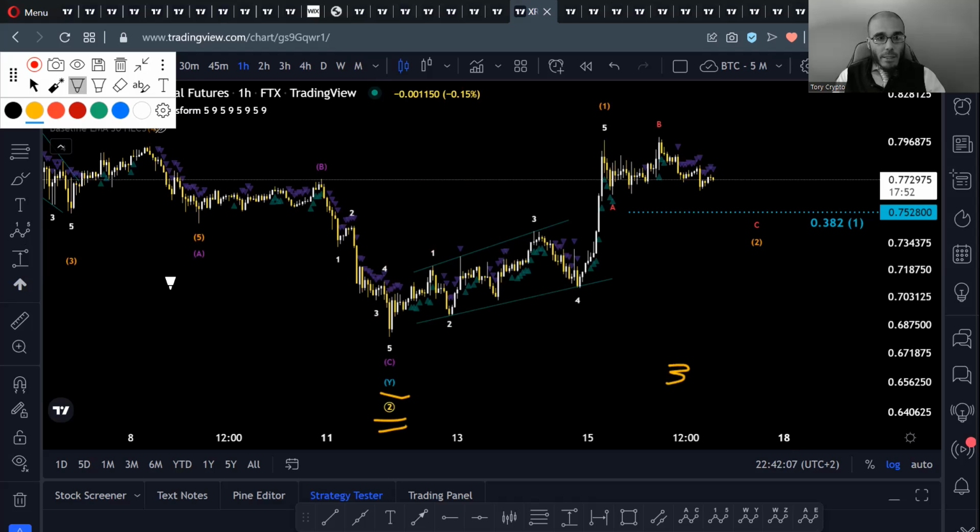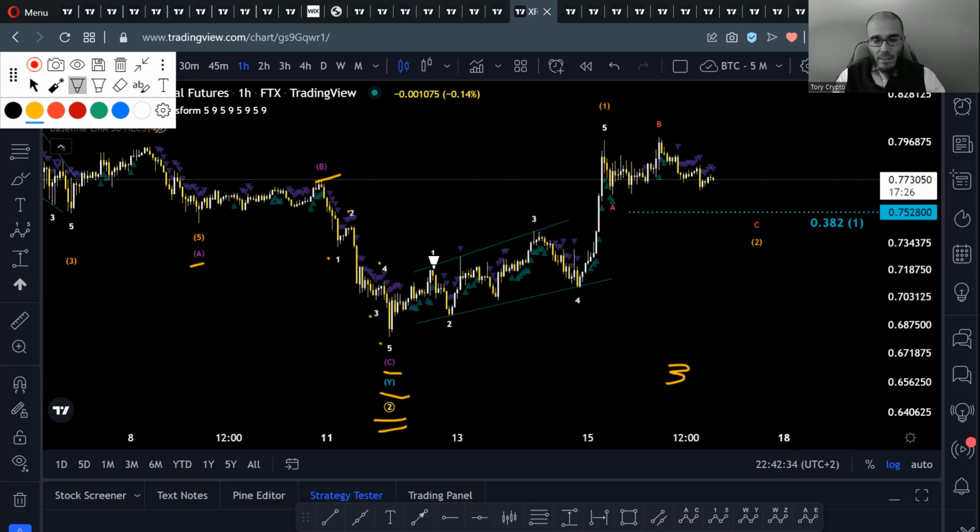And here you see the last part of the decline from the X wave up. So you had an A wave, a B wave, and a C wave. And the C wave subdividing to 1, 2, 3, 4, 5. I'm not talking about the rest of the decline because I think I did it in the last intervention on XRP.